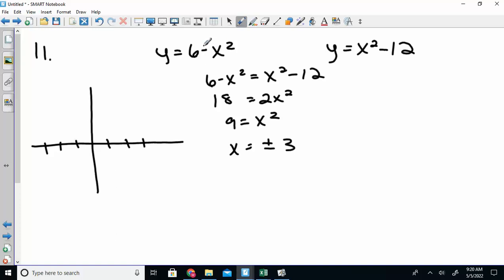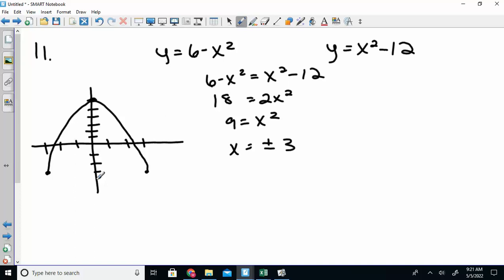If I put a negative 3 in, 3 squared is 9, 6 minus 9 is negative 3. If I put in a positive 3, I also get negative 3. If I wanted one more point, if I put in a 0, that one will give me 6. So there's my first little curve.